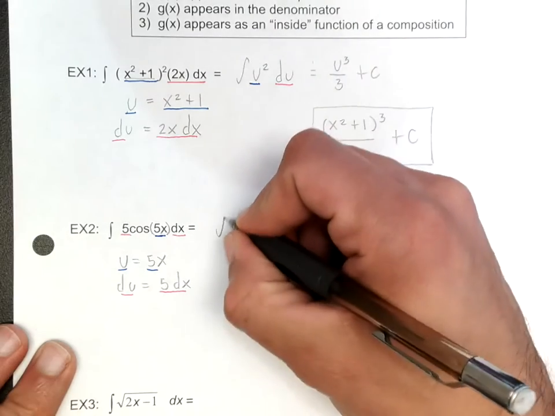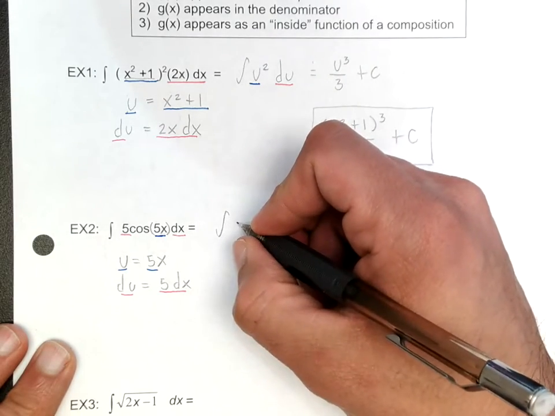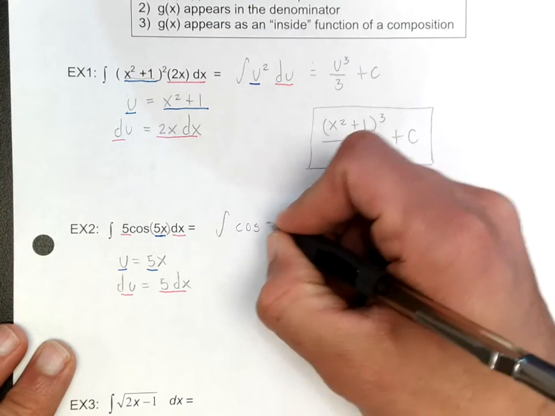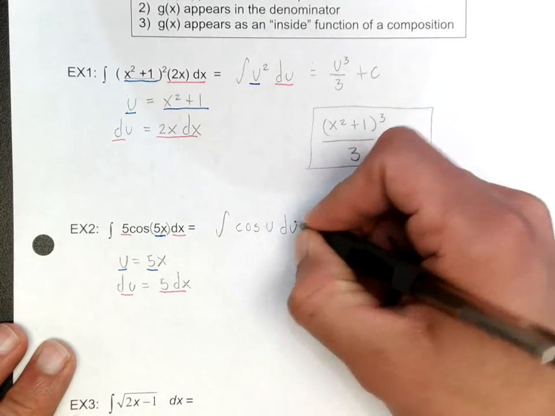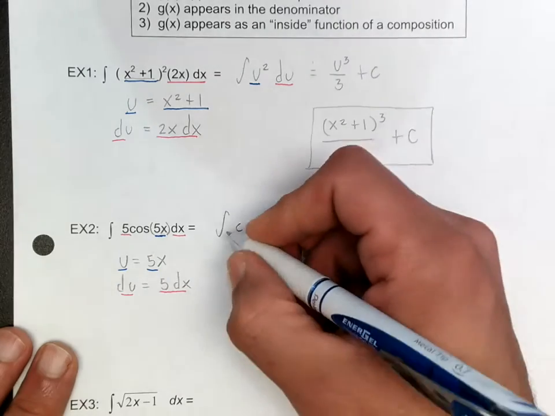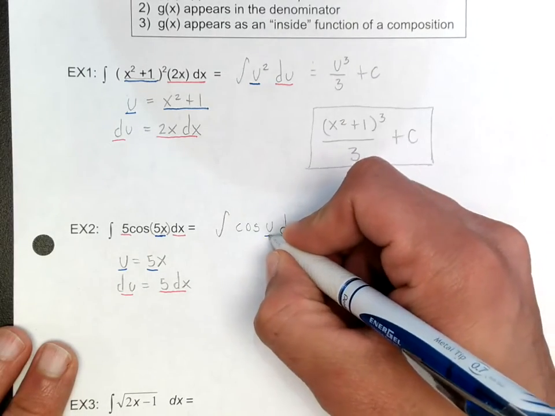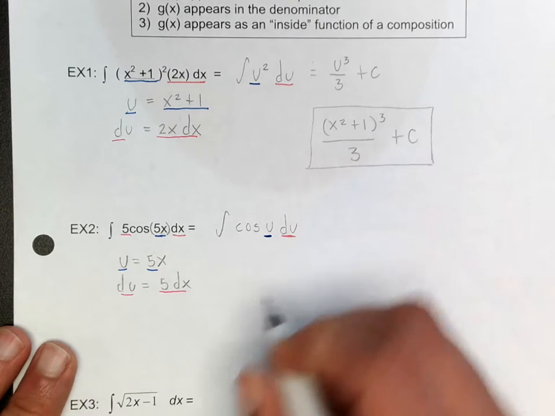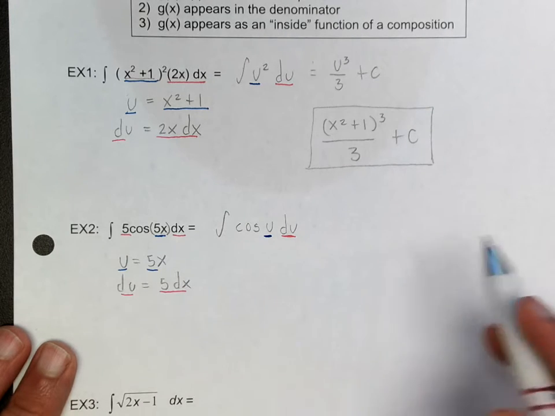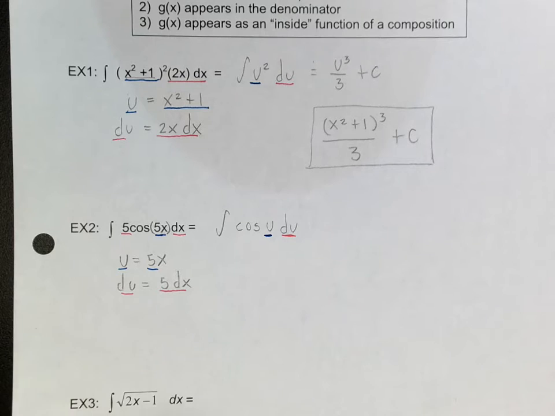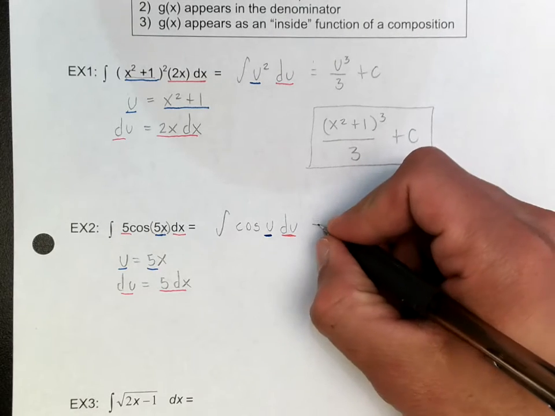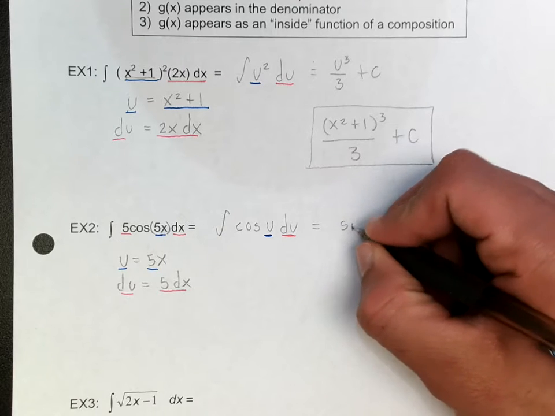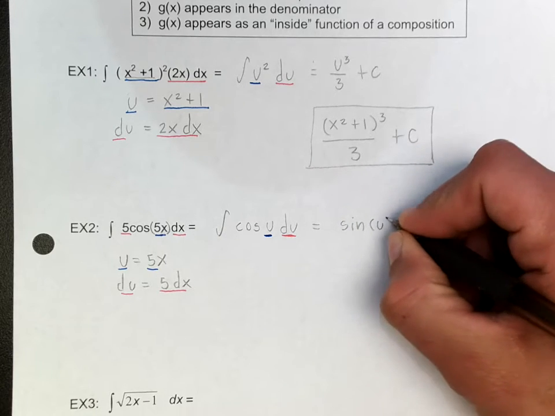That's going to be equal to the integral of cosine of u du, where this is u and this is du. Notice that I substituted this. Now the antiderivative of cosine u is sine u plus c.